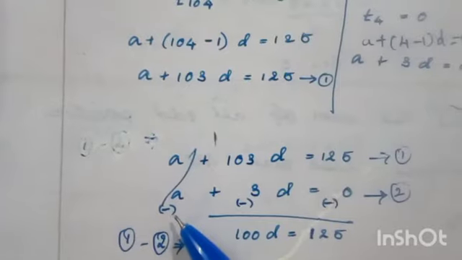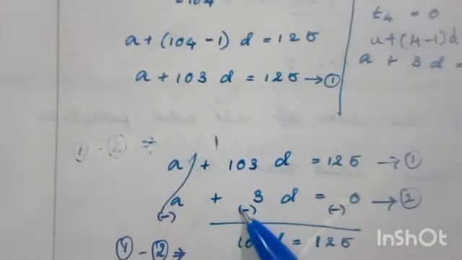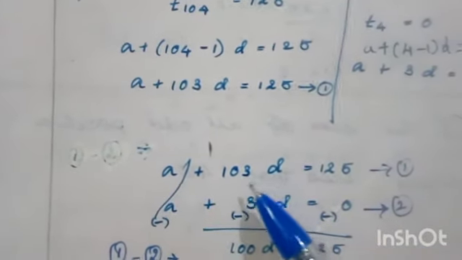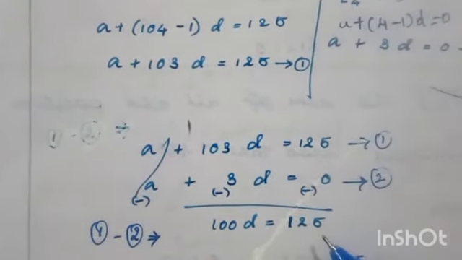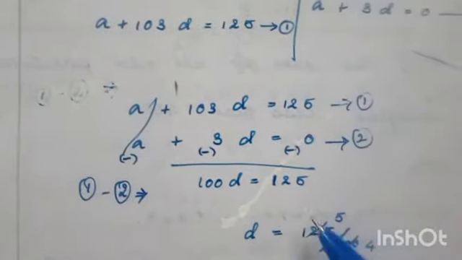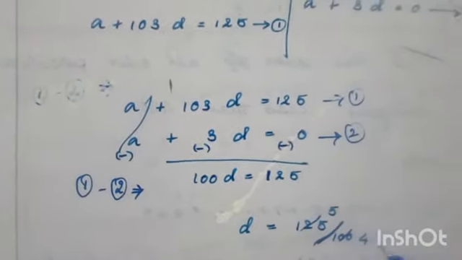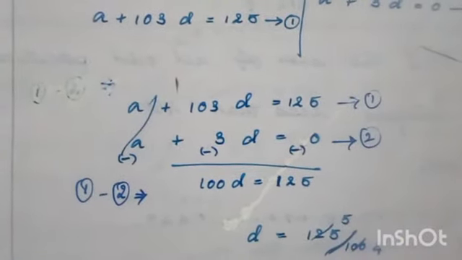So you have to change the second equation sign. So plus a minus a cancel. 103 minus 3 is 100d equal to 125. So d equal to 125 by 100, transposing, multiplication becomes division. Then you cancel. The 25th table, it is 4 times, it is 5 times. d equal to 5 by 4.